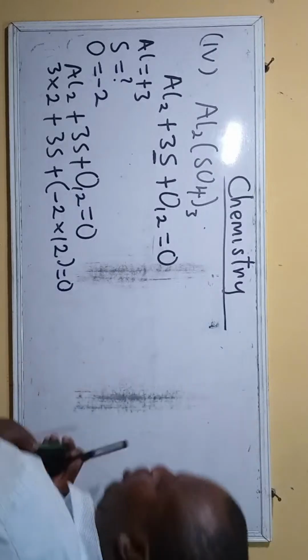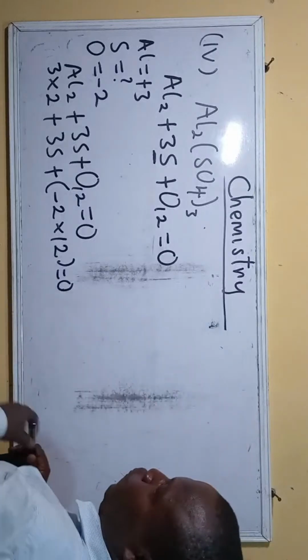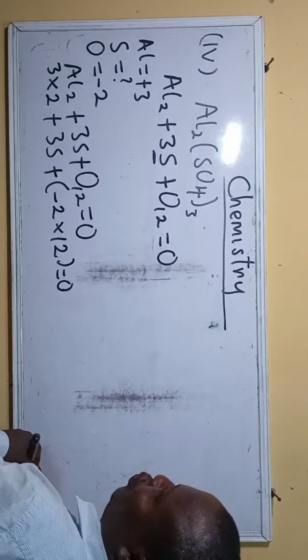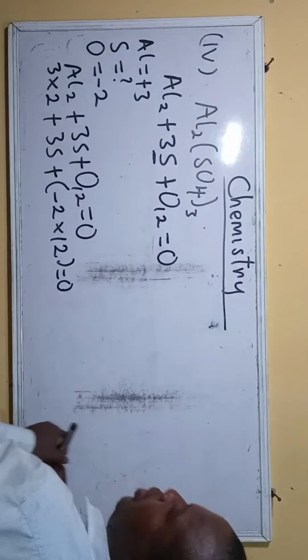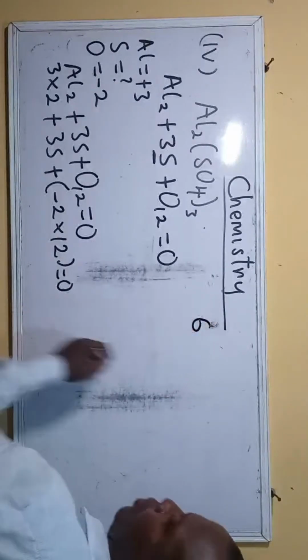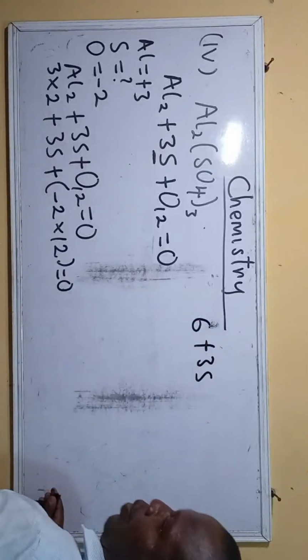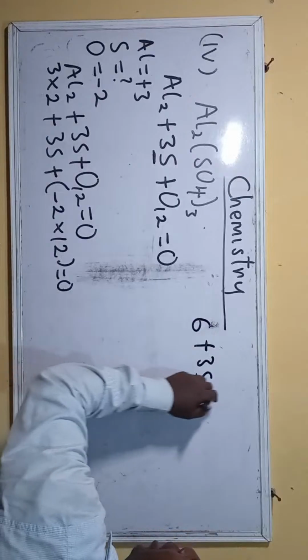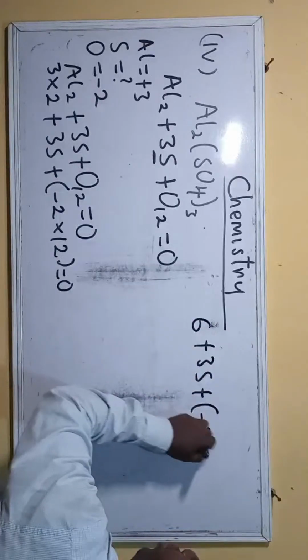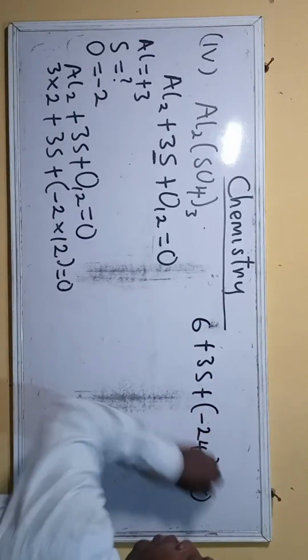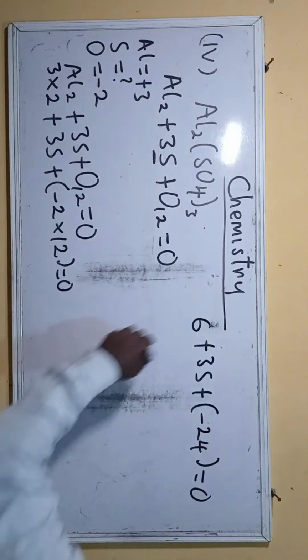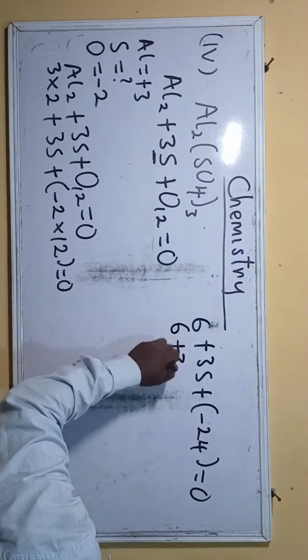Now let's continue what we have here. I will have 6. This is plus 3x and plus minus 24 equal 0. I have 6 plus 3x.